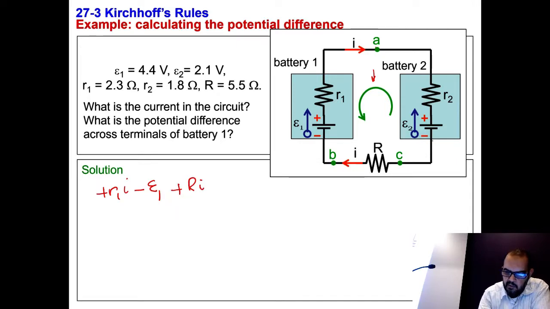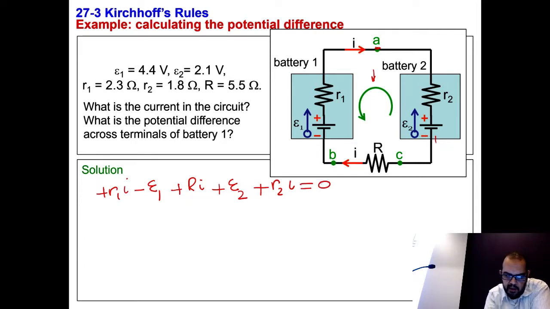Then I go through the negative terminal of the second EMF, so it's plus epsilon 2. Then I go through resistance r2 of the second EMF, opposite to the current, so plus r2I. Now I'm back to the same point I started with, so this is equal to 0.